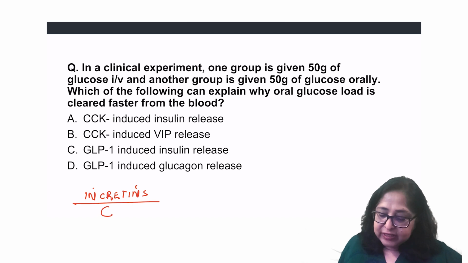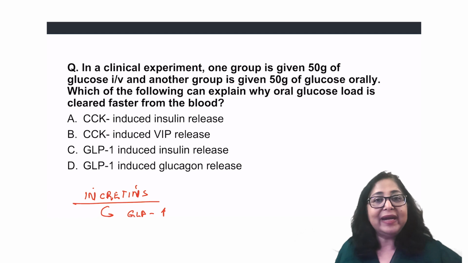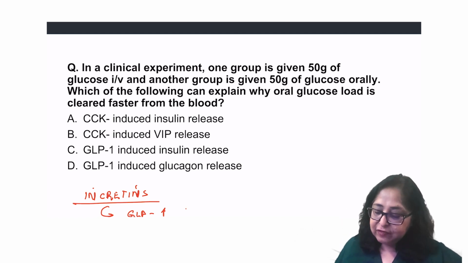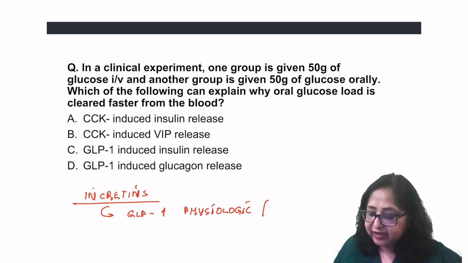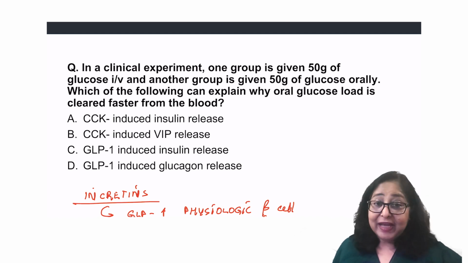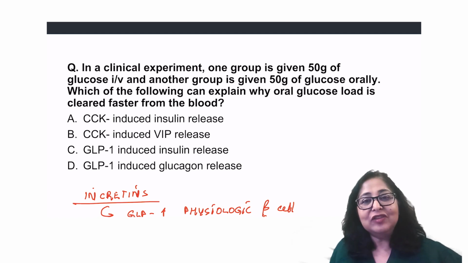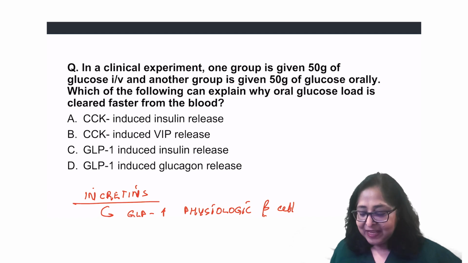The most important incretin is GLP-1, glucagon-like peptide 1. This is known as the physiologic beta cell stimulating hormone of the GI tract. We know that today GLP-1 analogs are so much in the news. They've just been very recently introduced even in the Indian market.